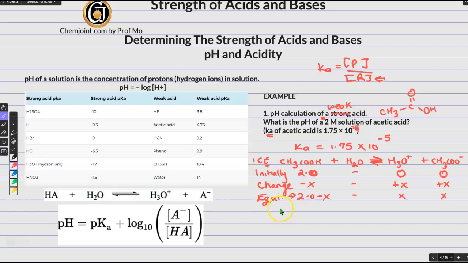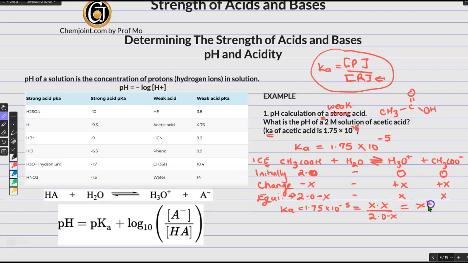Now remember we said that Ka equals the multiplication of the concentration of products divided by the multiplication of the concentration of reactants. So my Ka, which is 1.75 times 10 to the power minus 5, must be equal to x times x, the products, over reactants, which is just the acid itself, because like I said, the concentration of water is unity.